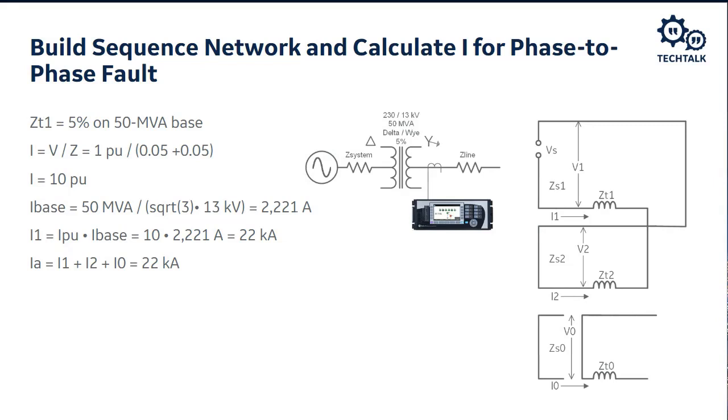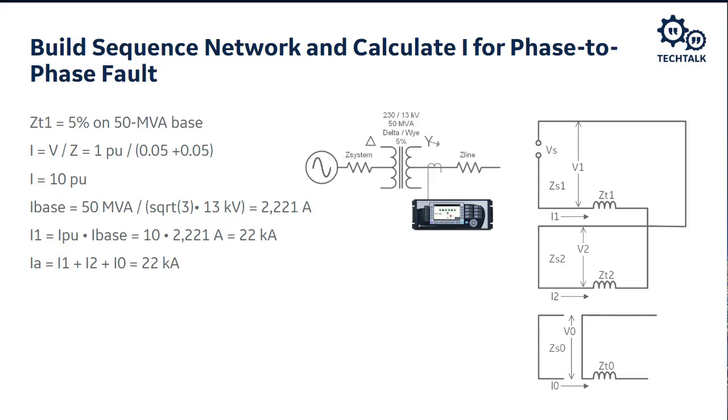You can do the same calculation, but now the source is driving fault current through the positive sequence transformer impedance and the negative sequence transformer impedance. And so to find our fault current, we're going to sum those two impedances and take the voltage per unit and divide that by the sum of those two impedances, which gives us a fault current of 10 per unit.